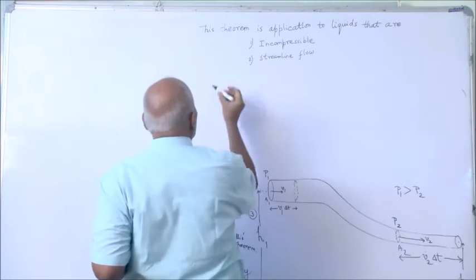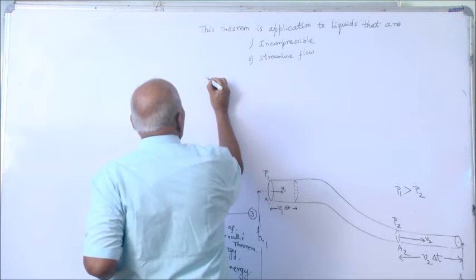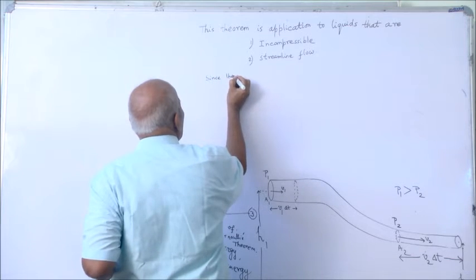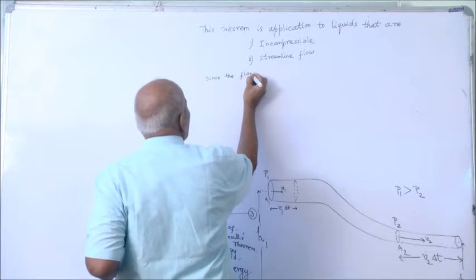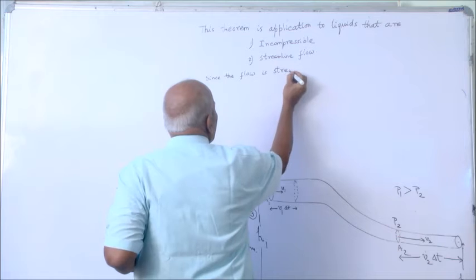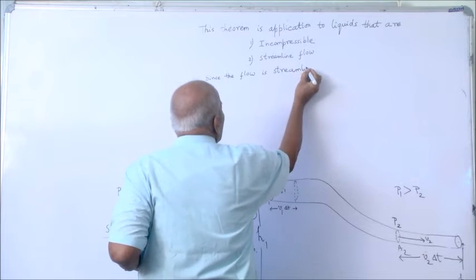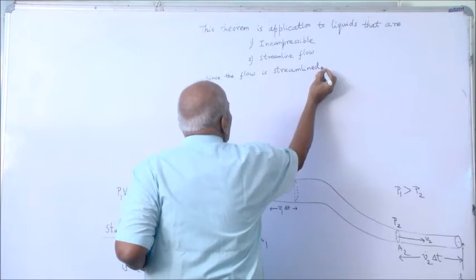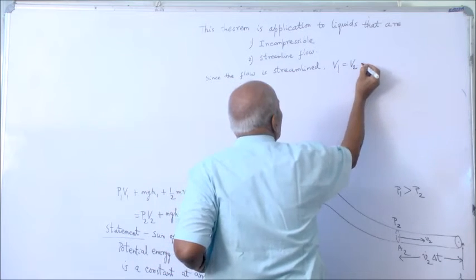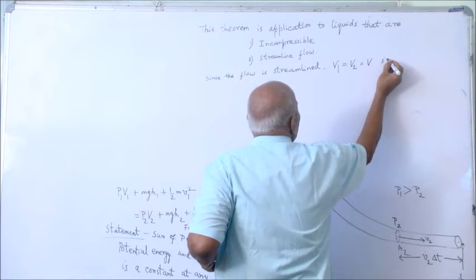So, since the flow is streamlined, V1 is equal to V2 is equal to V say.